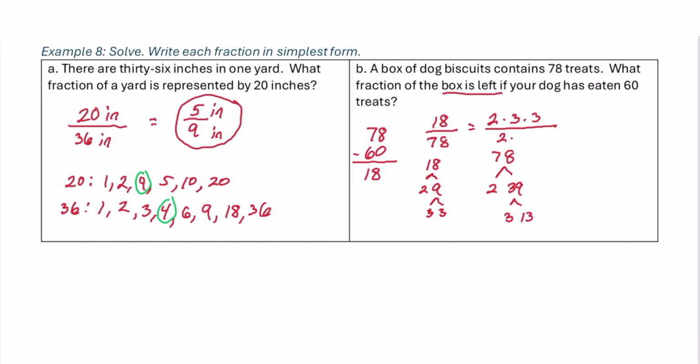So we have 2 times 3 times 13. What do they have in common? They have a 2 in common, and they have a 3 in common. So those will reduce, leaving us with 3/13 of the box left.